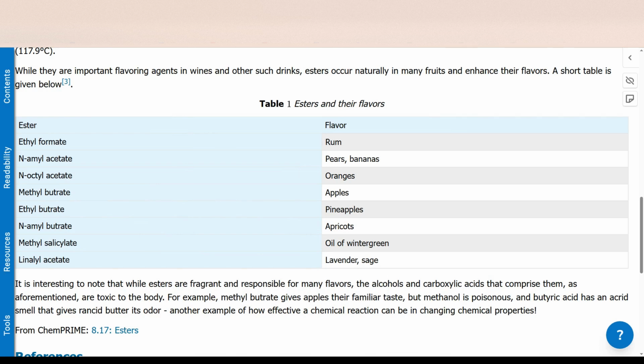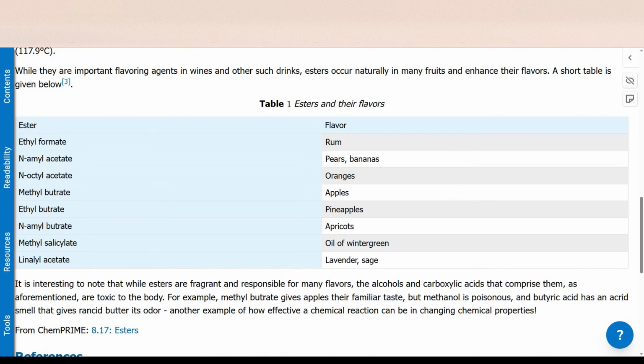But as it says below here, the interesting part about esters is that since they're made up of alcohols and carboxylic acids, if we looked at the alcohol and carboxylic acid that make up the esters individually, the alcohols and the carboxylic acids individually are toxic to the body.